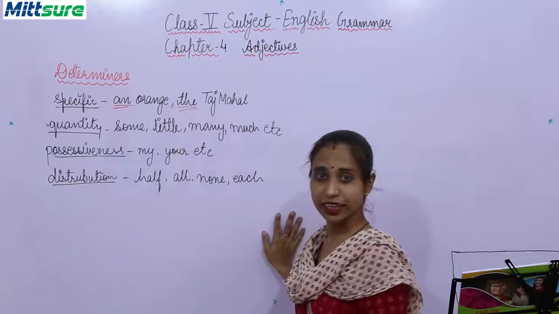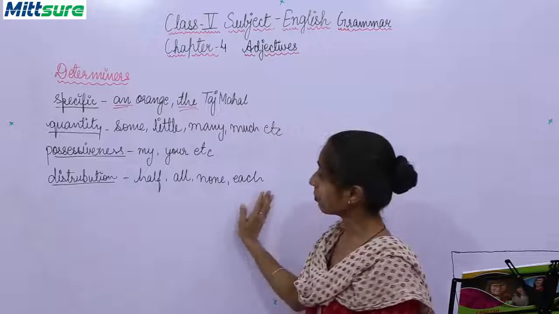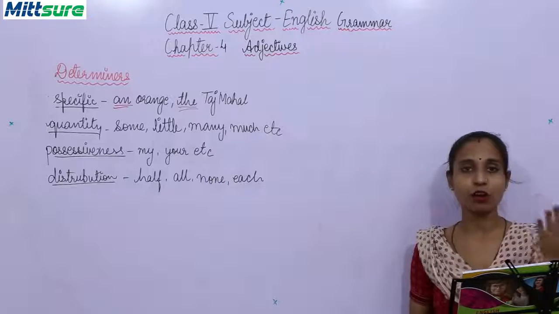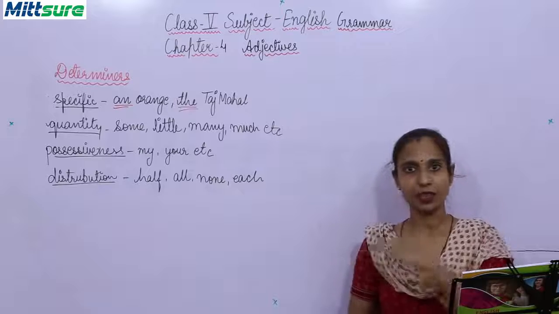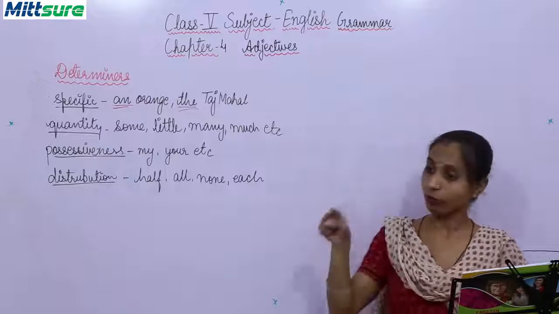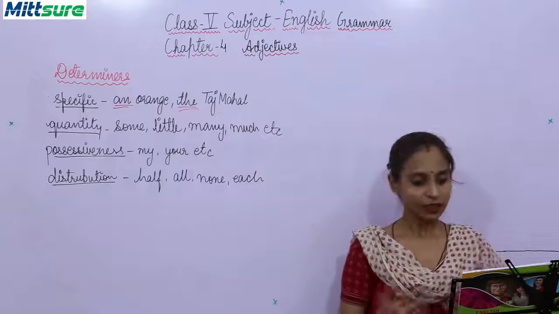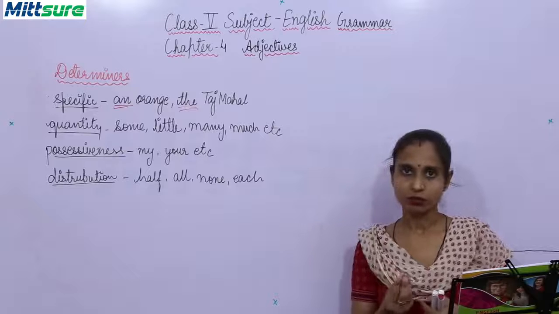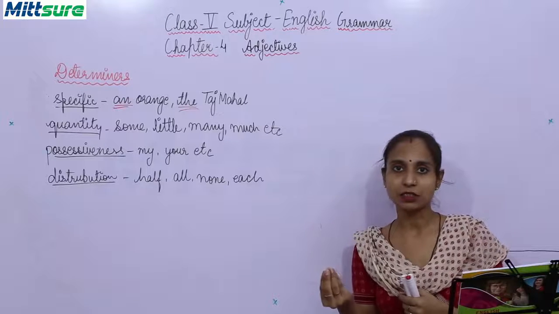to specify any noun or a pronoun, they just come before a noun. Just see in your book also it is written an orange or the orange. An orange, any orange. The orange, that means I am talking about this orange only. Then number or quantity, some salt, many girls.